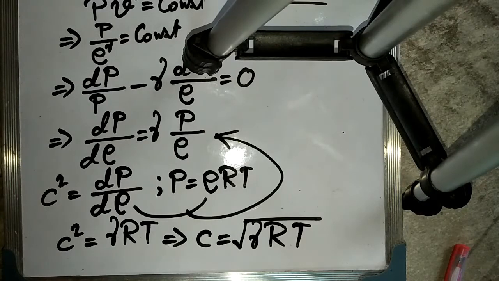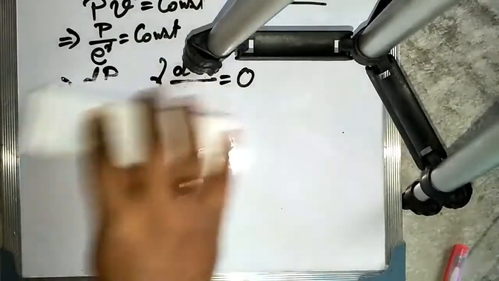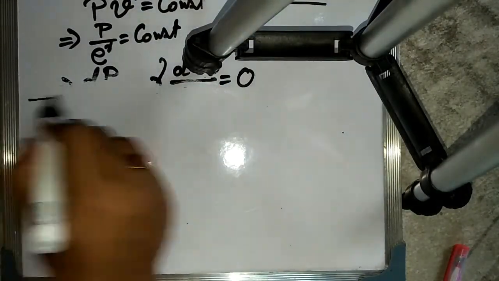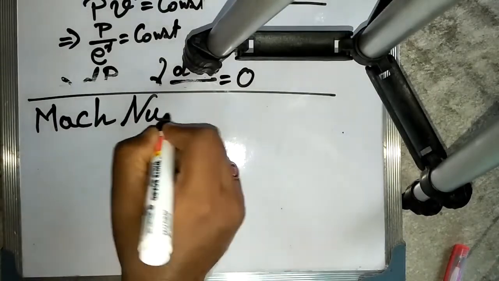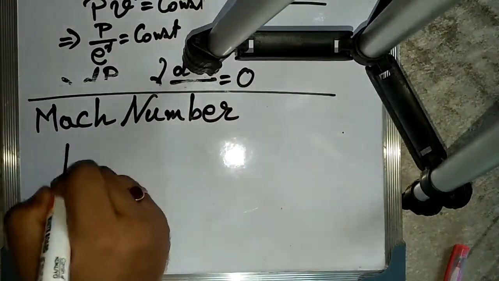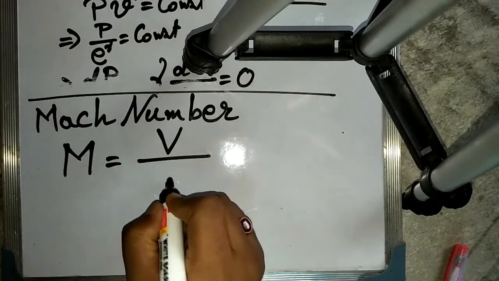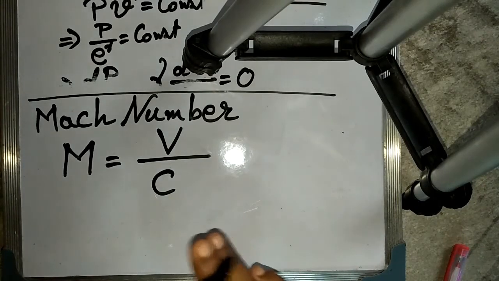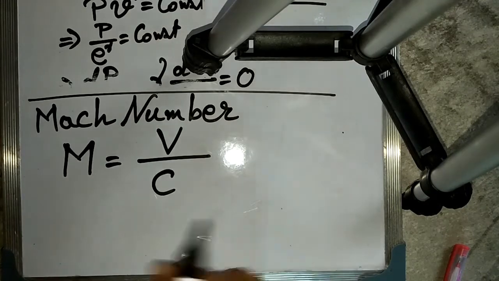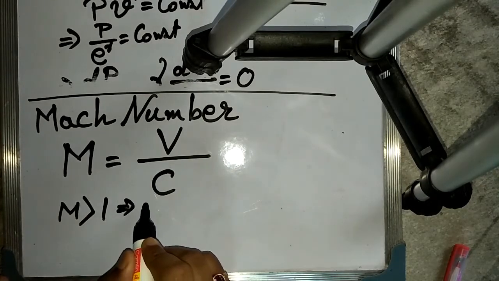Since we are talking about the velocity of sound, one thing we have to know is the Mach number, which is defined by capital M equals the velocity of the object divided by the sound velocity.